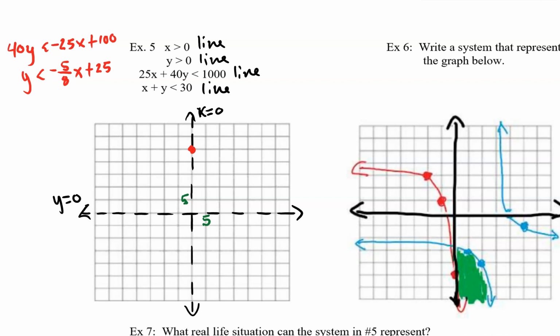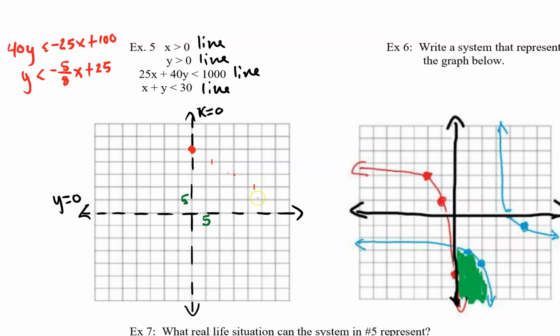So how do we do that one? Well, we're going by 5. So down 5, I got to go over 8. Kind of puts me somewhere in the middle of this one. And then down 5 and over 8 again would put me over here. And then down 5 and over 8 again would put me about there.